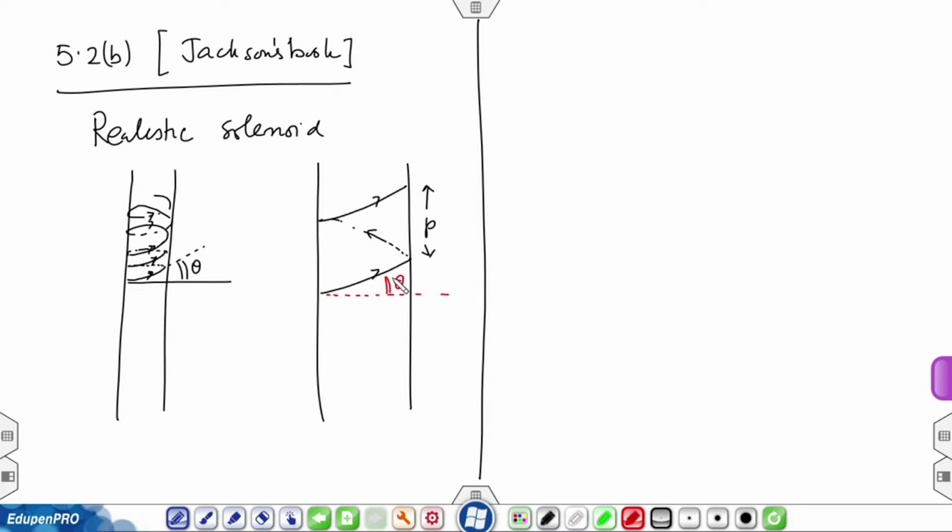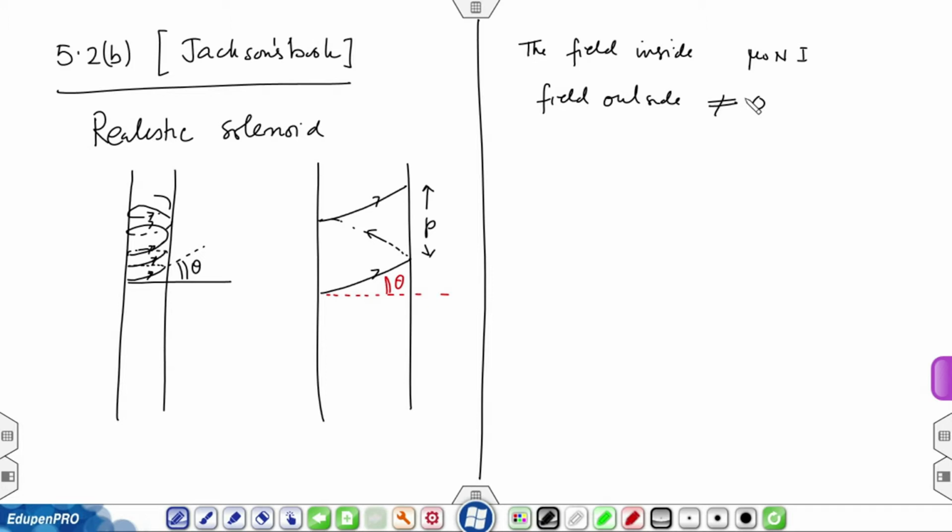and what we want to show is that the field inside is still mu naught n I, and field outside is not equal to 0.